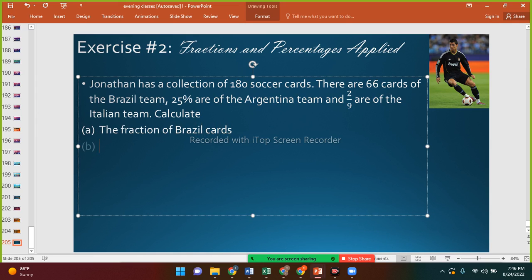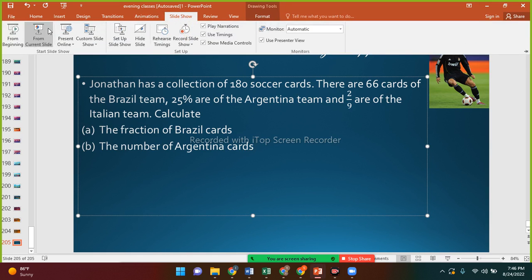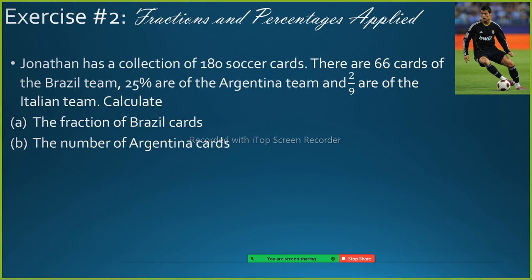B, the number of Argentina cards. All right, so quickly do those two questions, and I'll give you 3 minutes to tackle that.